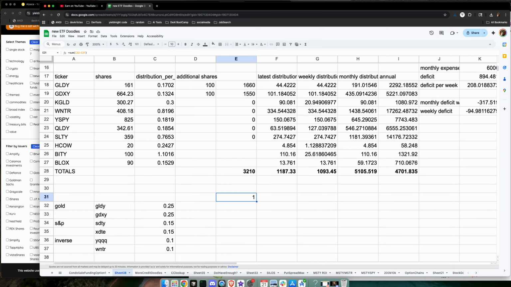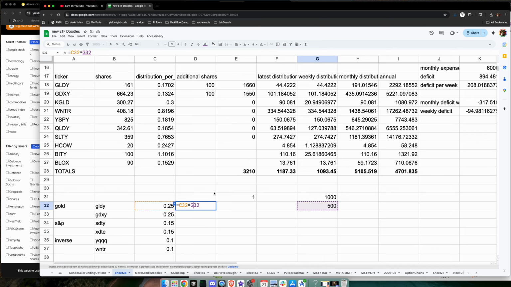So if I have $1,000 I'm putting into my Roth, I would just take this equals this divided by 2, and then do equals this times that.